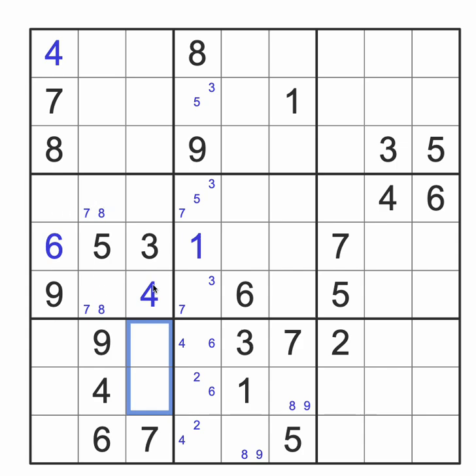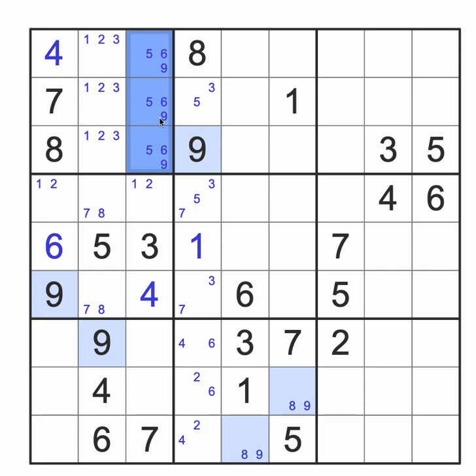And that means, for one thing, this will be 1 and 2 double, but more useful one is up here. 7 and 8 double here means these will be 1, 2, 3. And that gives me 5, 6, 9 triple here.